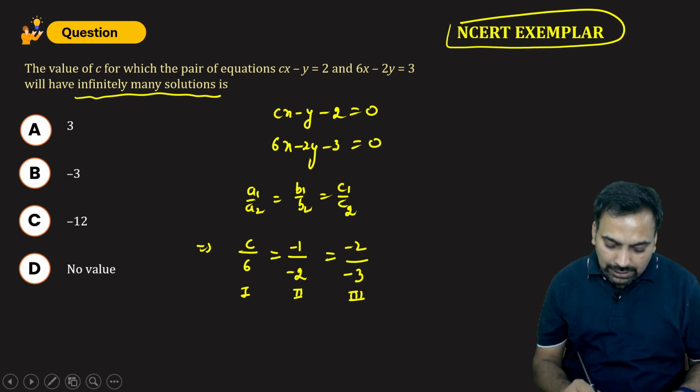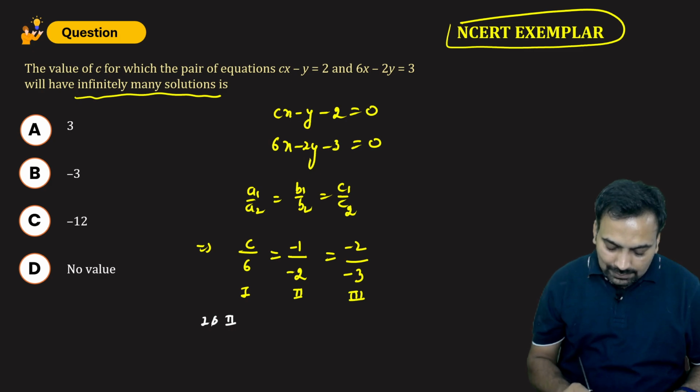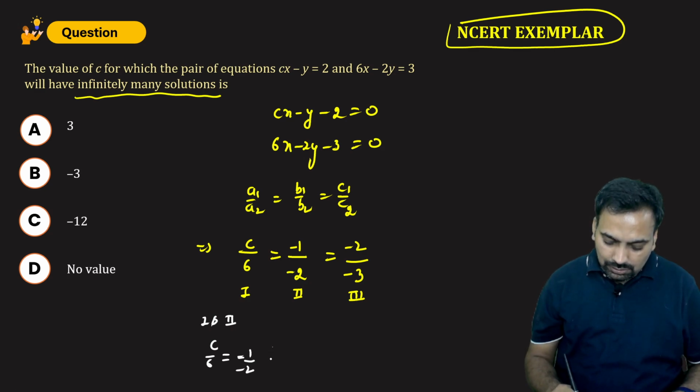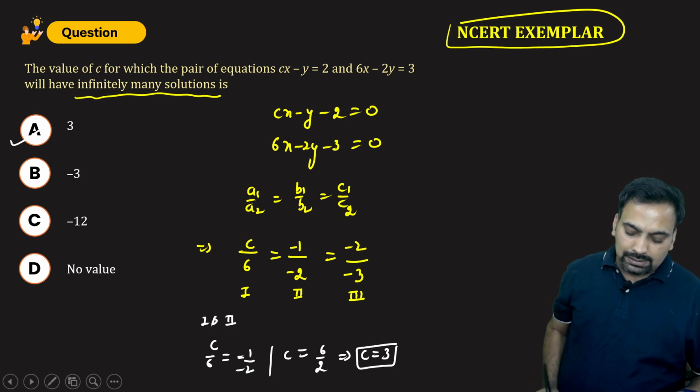Sometimes what happens, students compare first and second. C by 6 is equal to -1 by -2, minus minus cancel. So your C value is 6 by 2, and the C value is 3. You saw the answer, option A is correct.